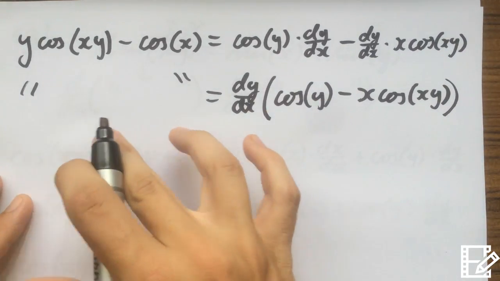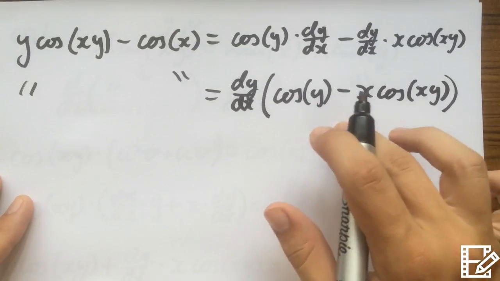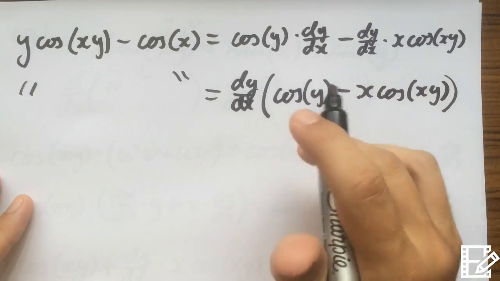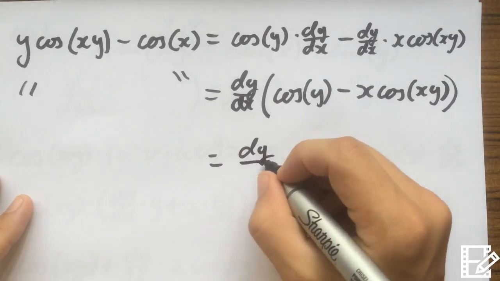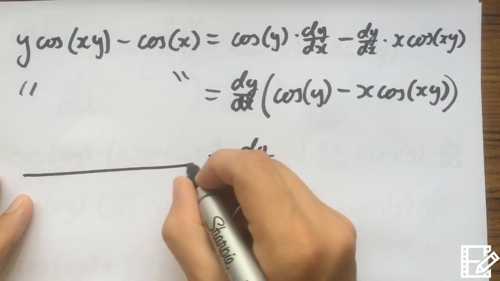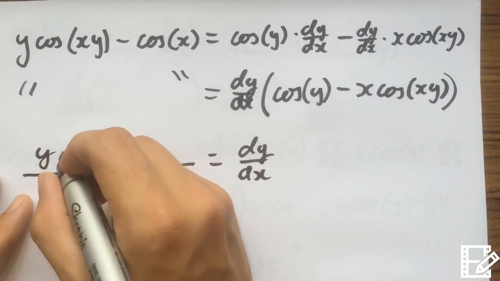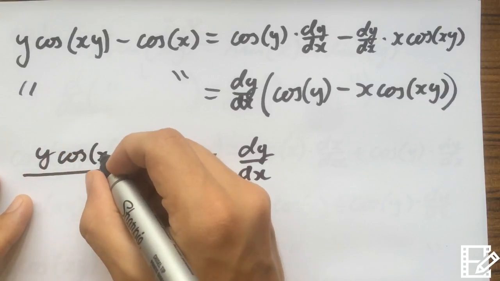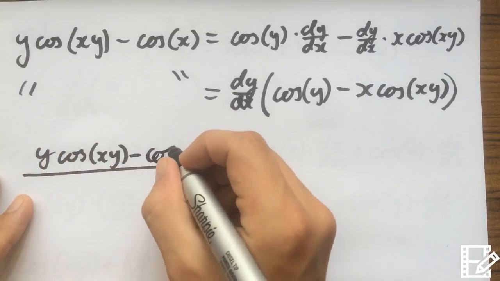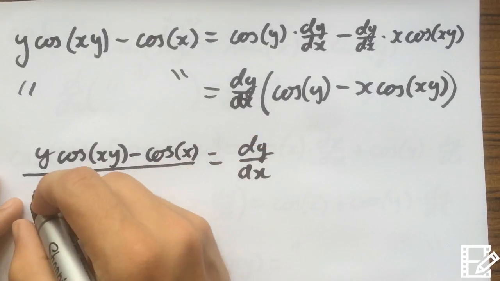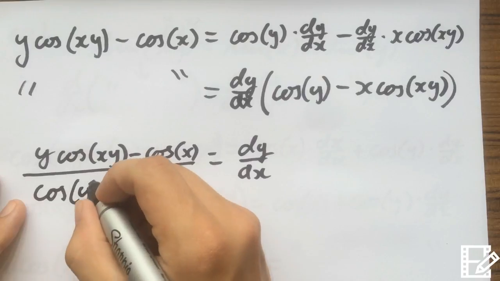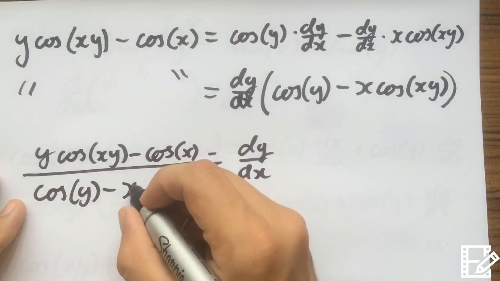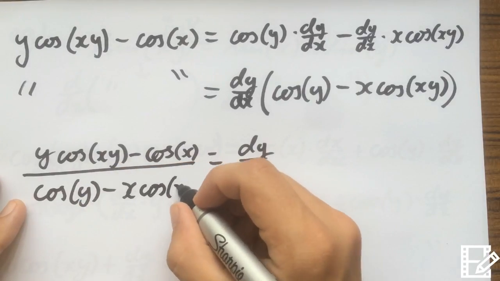And now what we're going to do is divide both sides by this, and that'll cancel that out on this side, leaving us with just the derivative. And on this side we'll have y cos xy minus cos x over this, which would be cos of y minus x cos xy.